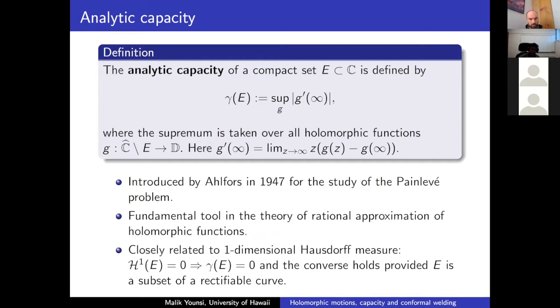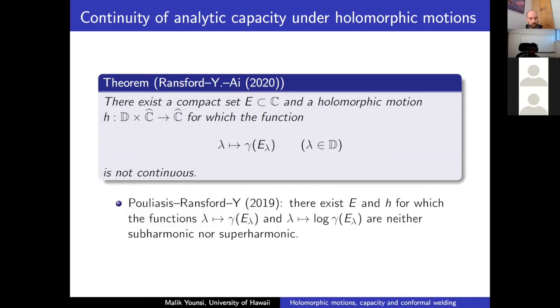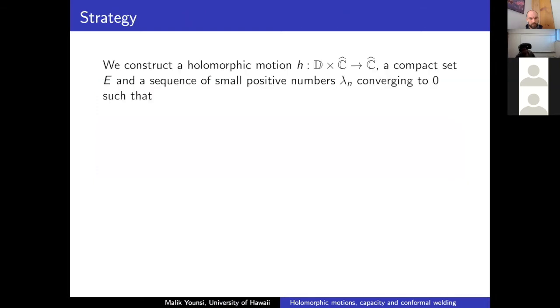So the idea is to try to construct a holomorphic motion that somehow fixes or preserves some rectifiable curve, let's say the unit circle. So that's the strategy. We're going to construct a holomorphic motion of the sphere together with a compact set E and also a sequence of small positive numbers converging to 0 with the following property.